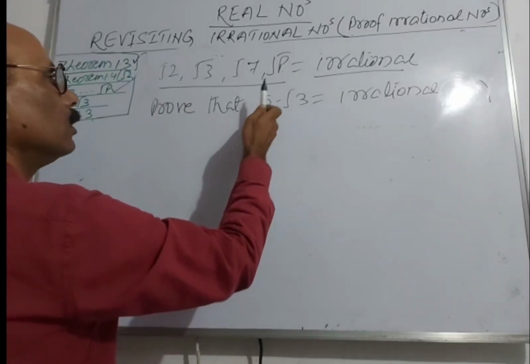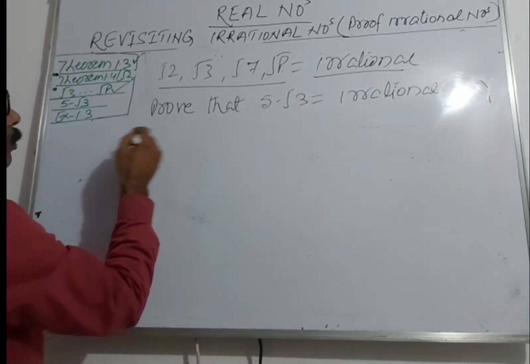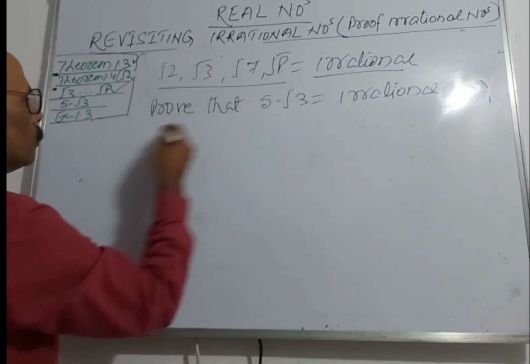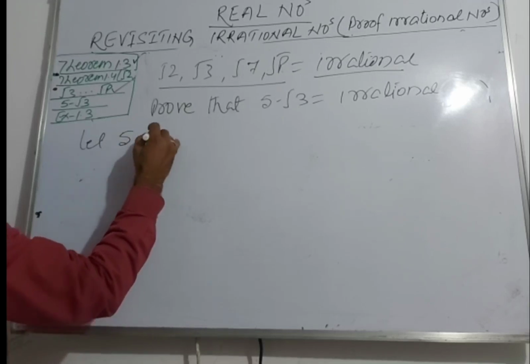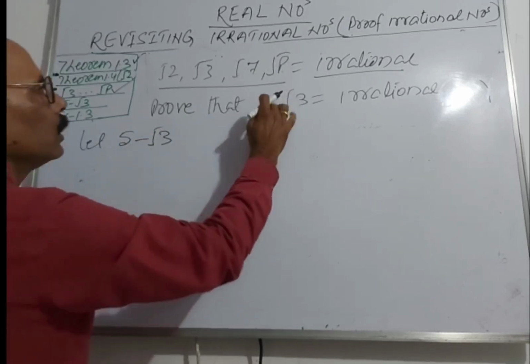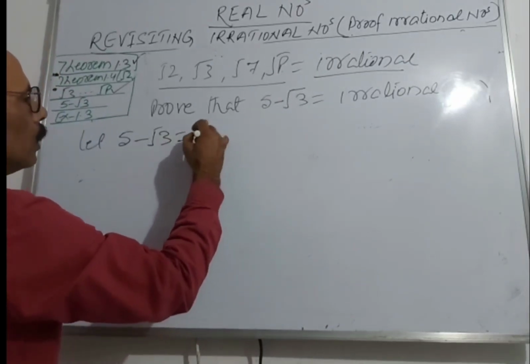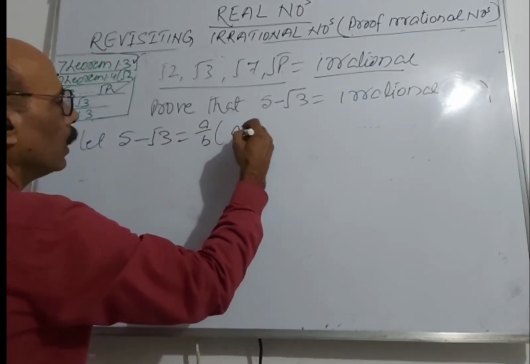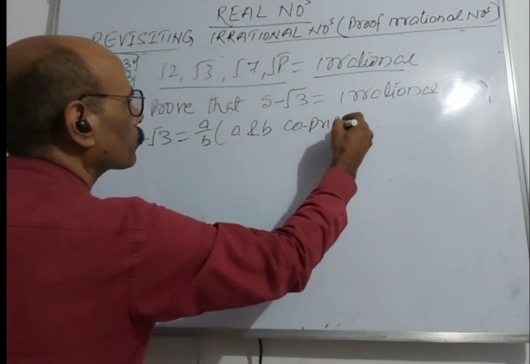Same way. If it is rational, it has to be a by b, co-prime. That time we have assumed. So let 5 minus root 3 be equal to a by b, where a and b are co-prime.